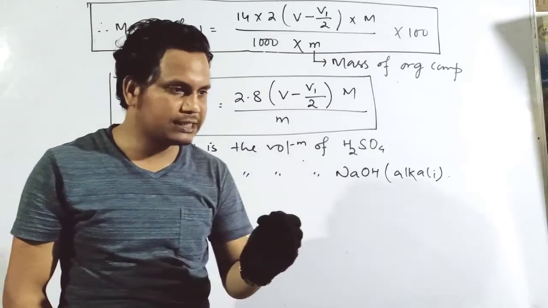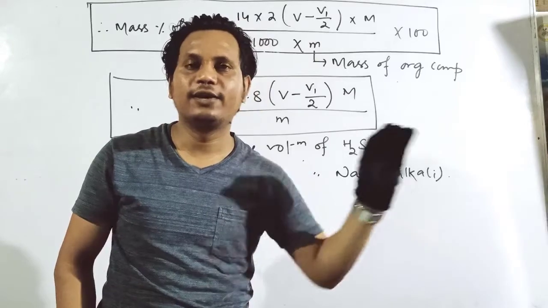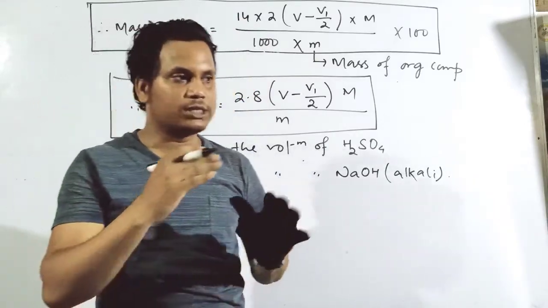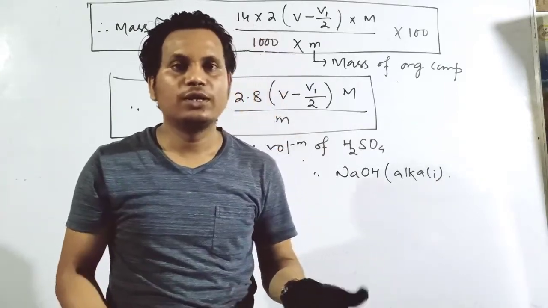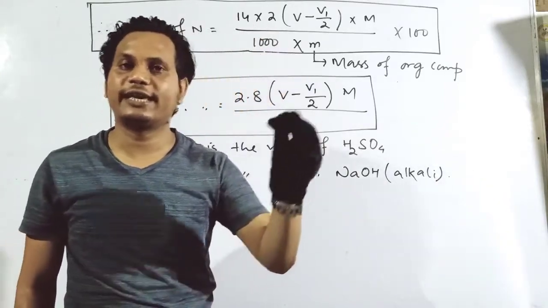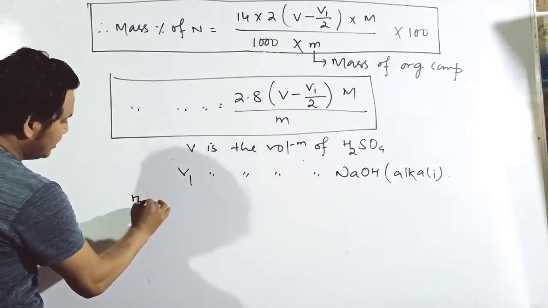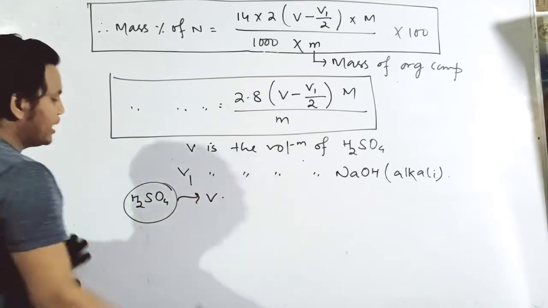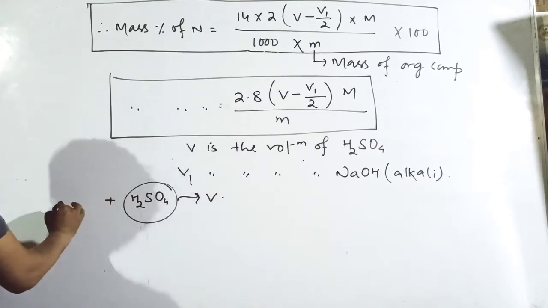For this, ammonia is a base, so react it with acid, with sulfuric acid. What volume of sulfuric acid will be used, we don't know. So sulfuric acid is taken in excess quantity, and let the volume of sulfuric acid be V. This will neutralize ammonia.